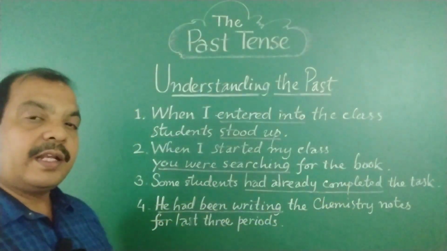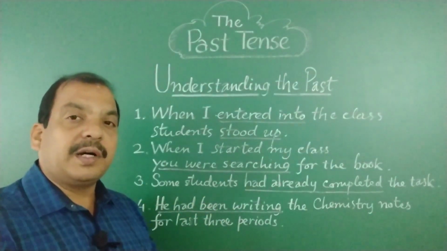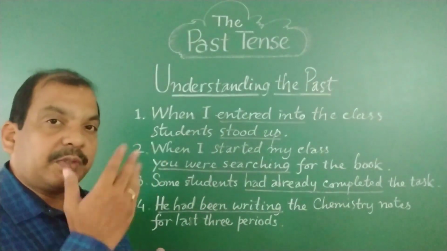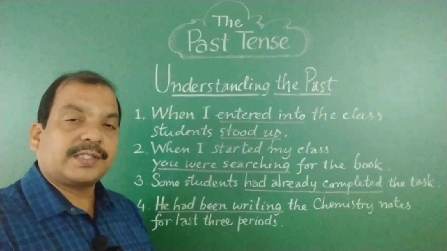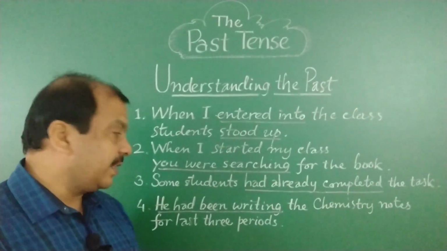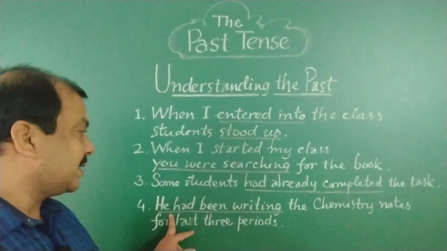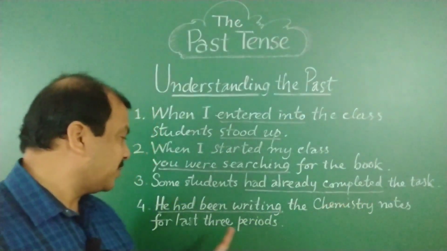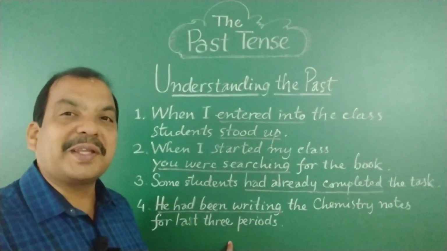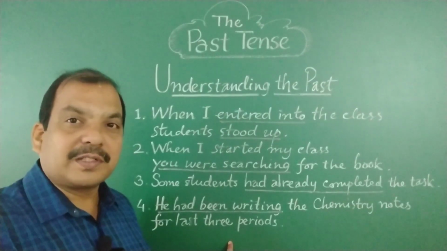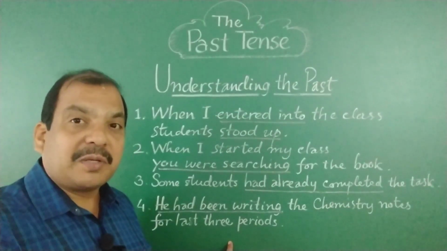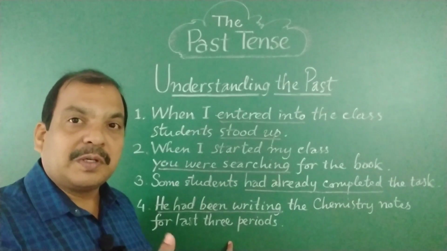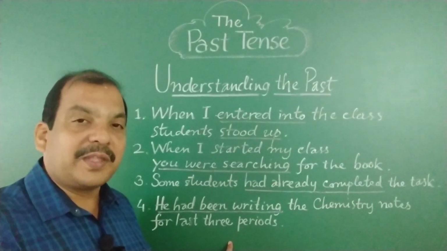And finally, when my class was over, I went to the back benches and saw that one of the students had been writing the chemistry notes for the last 3 periods, because the chemistry madam was perhaps going to check the notes that day.